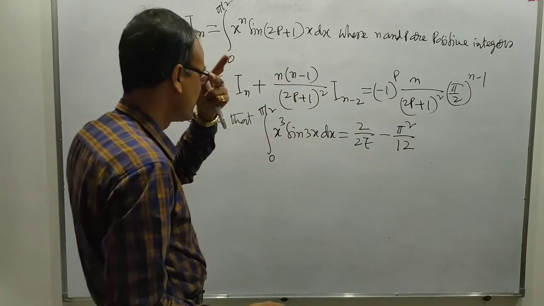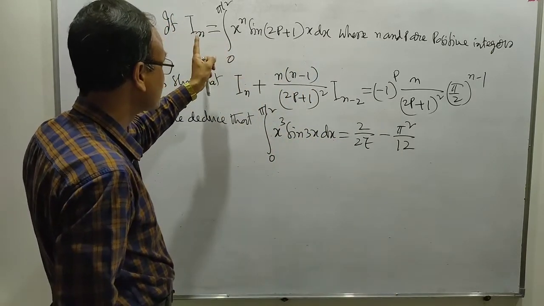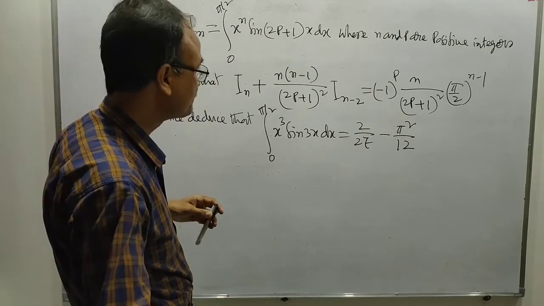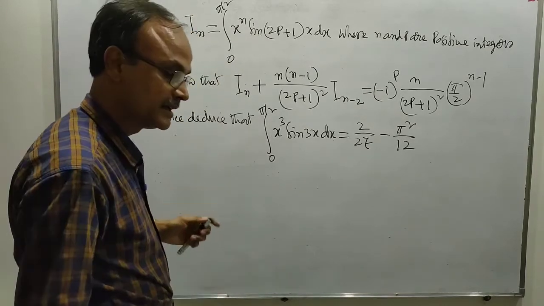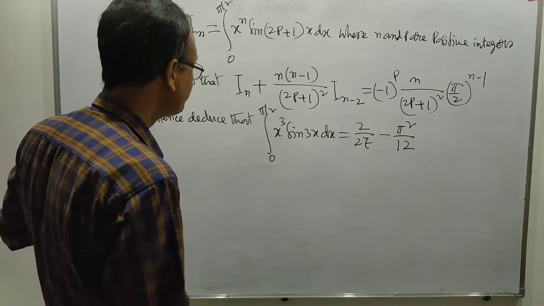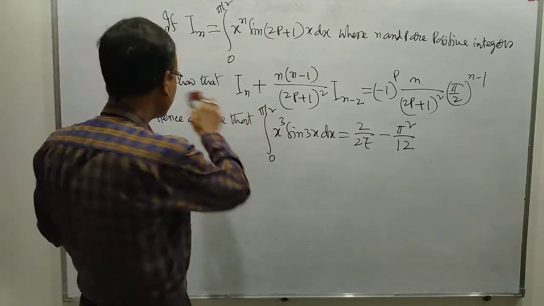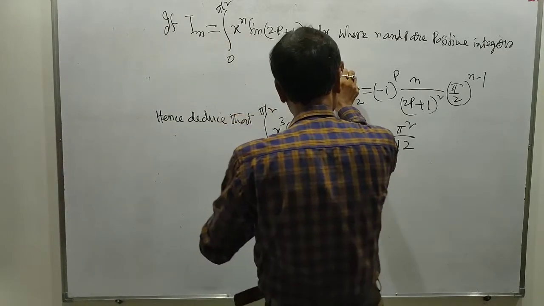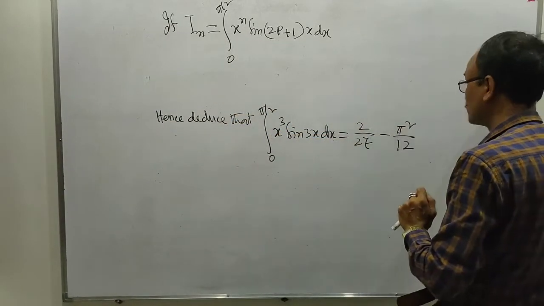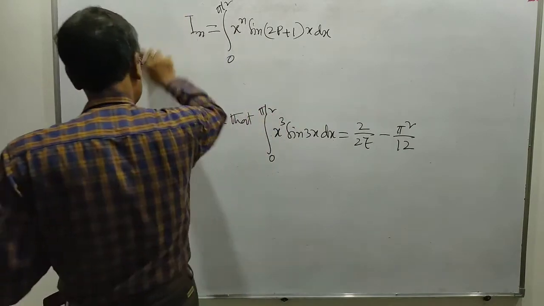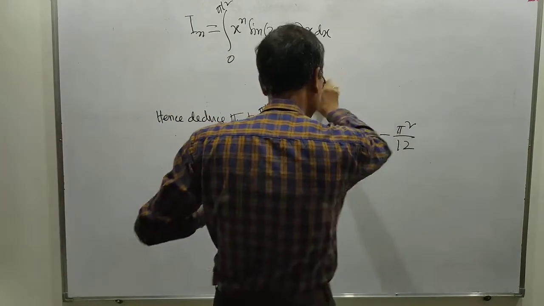Now let us first try to solve the number 1, first part. Perhaps you have written the question. Now I am going to solve it. Now I_n equals this.